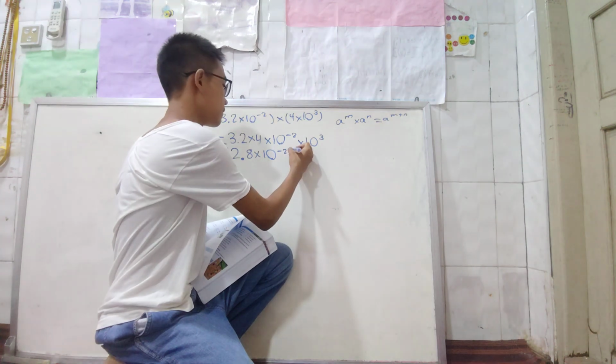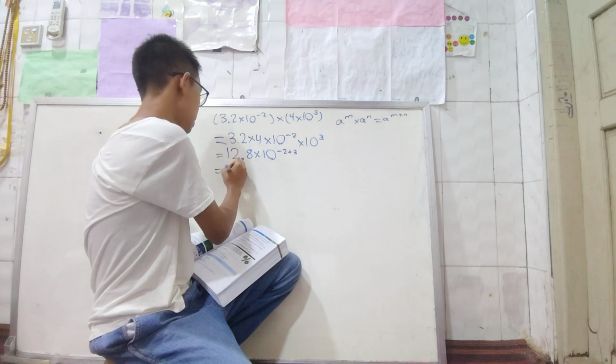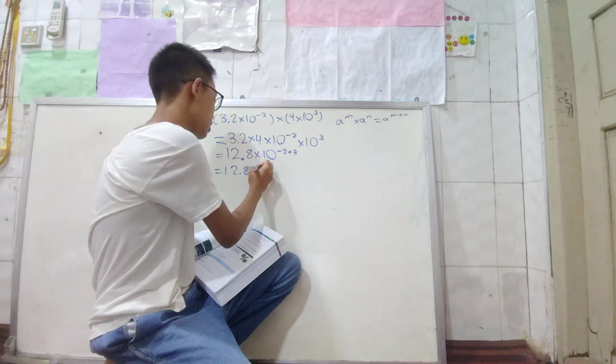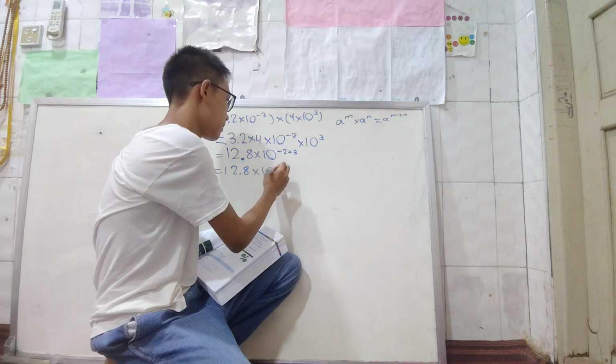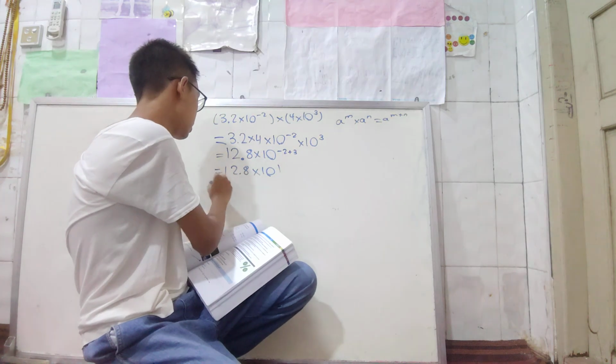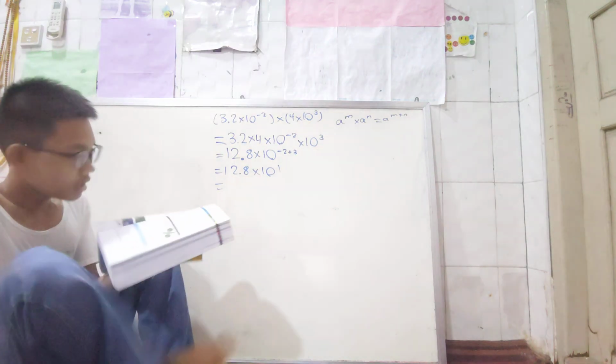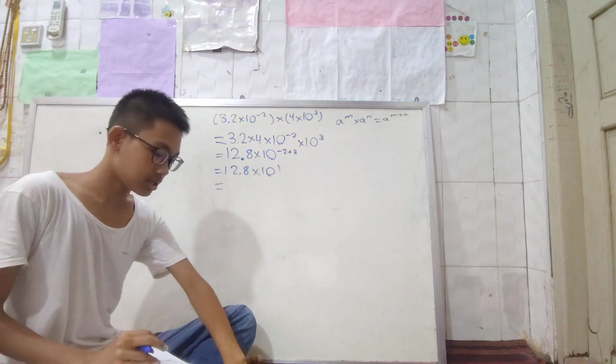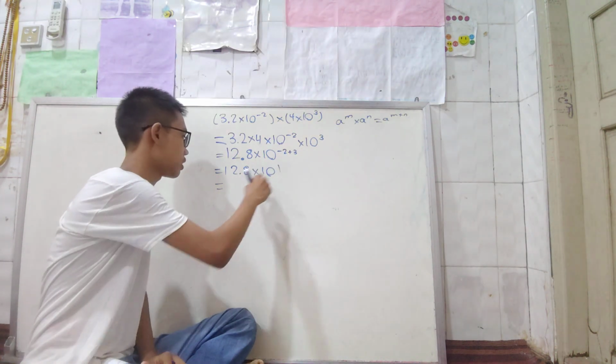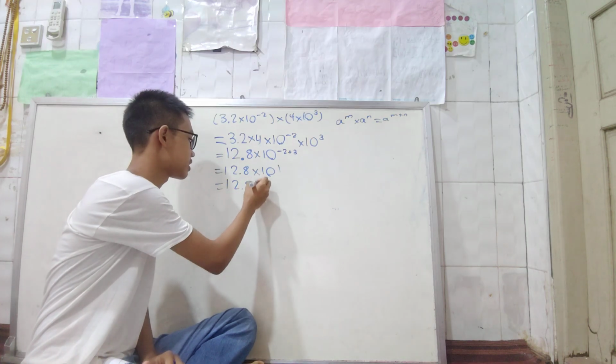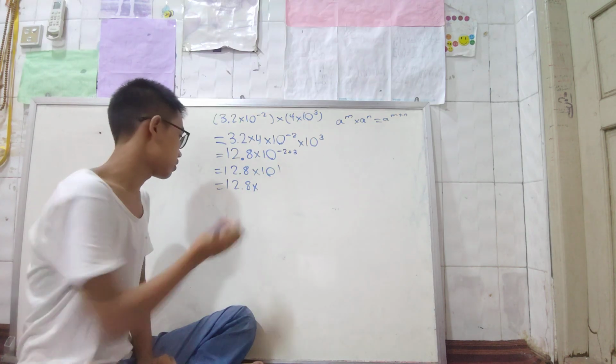So negative 2 plus 3 is 1, giving 10 to the power of 1. So 12.8 times 10 to the power of 1 is just 10 times 12.8.